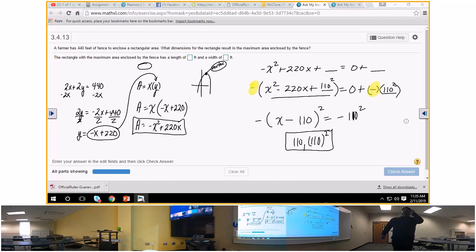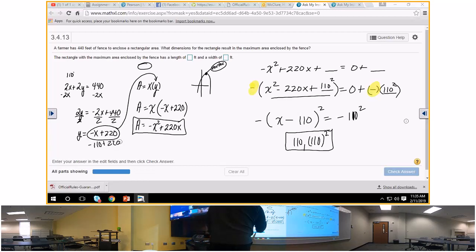So we know that x is equal to 110, and if x is equal to 110, you can plug it in to the length and the width. Basically you can plug in 110 right here and solve for y. So 2y is equal to negative 110 plus 220. So y is equal to 110. And x is equal to 110.